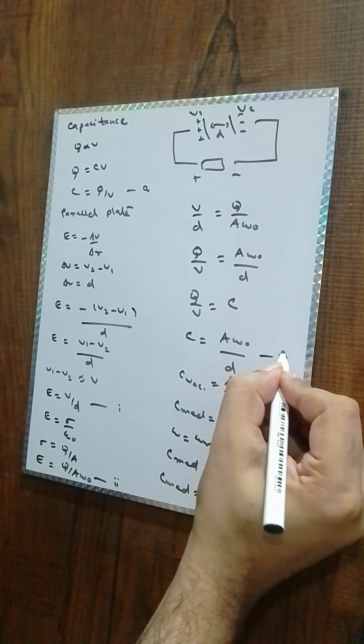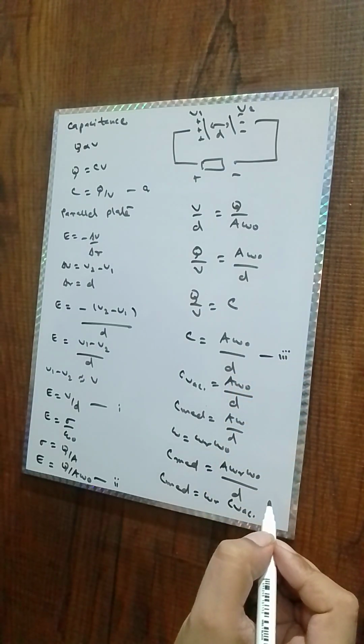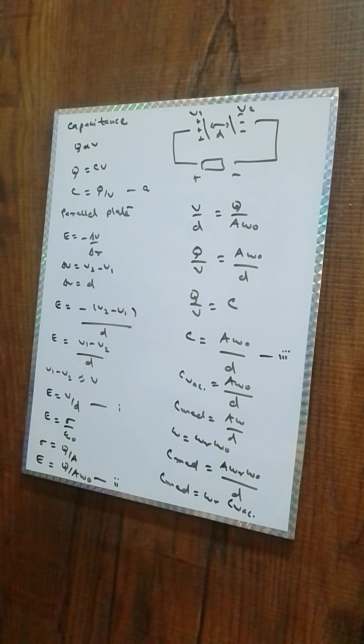Let's call it 3 here, and let's call it, yeah, 3 is enough. After that we just have the substitutions for permittivity. And now we can discuss the capacitors.